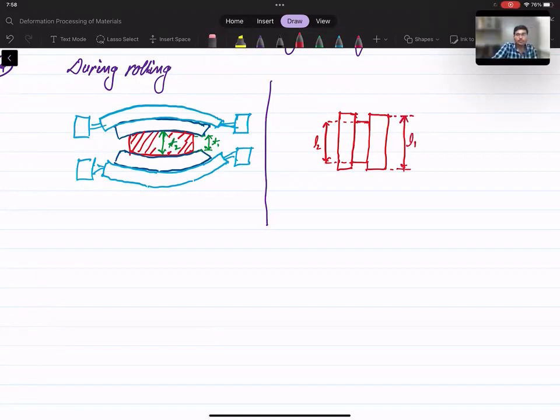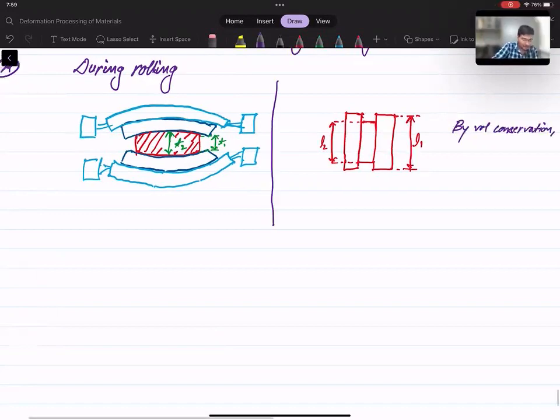But we know that the volume will not change. Volume remains constant. So due to volume conservation, and since the width is also not going to change, L1 T1 will be equal to L2 T2.